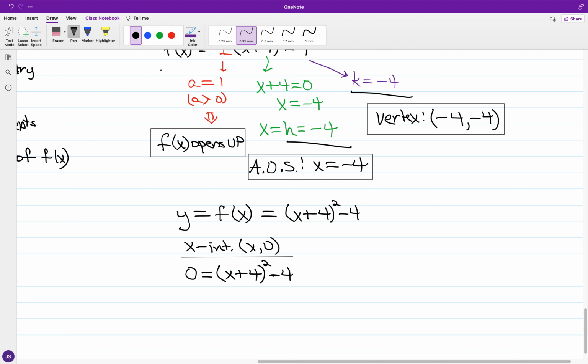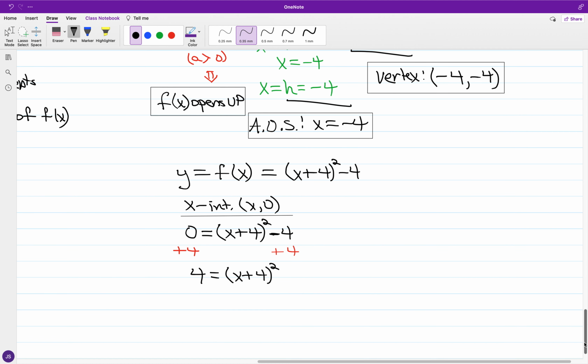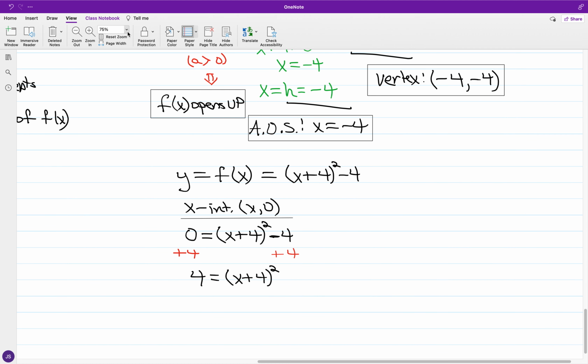There are various ways you could solve for x. You could square out x plus 4 and set up a quadratic equation in standard form. You could also isolate the square of x plus 4 and use the square root property of equality. We'll go that route. If I add 4 to both sides, we have 4 is equal to the square of x plus 4, and I'll just switch sides.